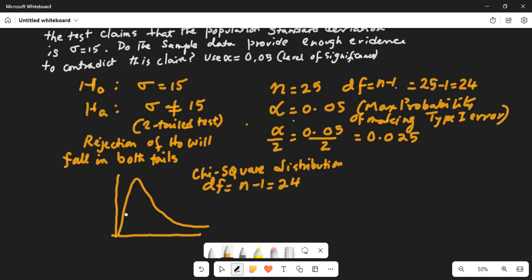And my two rejection regions: this area is alpha by 2. This is where we will reject H0. This is the rejection region in the left tail, and this is the rejection region in the upper tail. Also area alpha by 2.